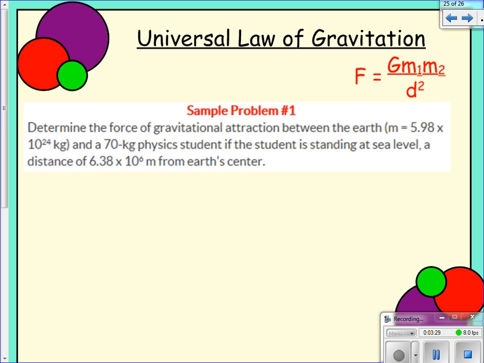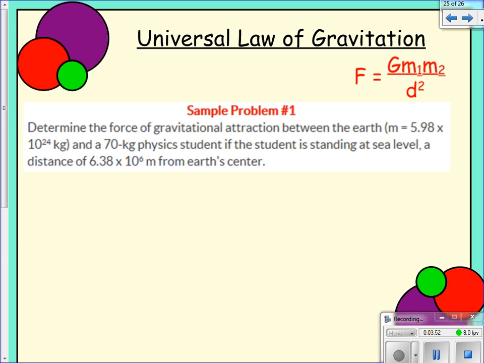It says, determine the force of gravitational attraction between the Earth, whose mass is 5.98 times 10 to the 24th kilograms, pretty big, and a 70 kilogram student standing at sea level, where the distance is the Earth's radius, 6.38 times 10 to the 6th meters. So let's draw a picture here.